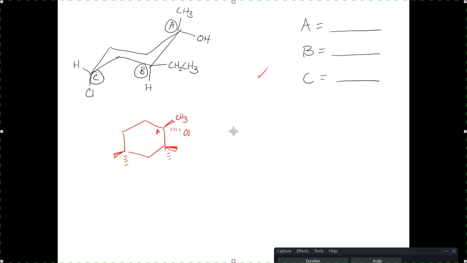We've got an OH. The methyl group is, again, in my perspective, looking down here on the ring. Methyl group is bold. The OH group is dashed. The ethyl group is bold. Hydrogen is dashed. Hydrogen is bold. Chlorine is dashed. So there's my A, my B, and my C.